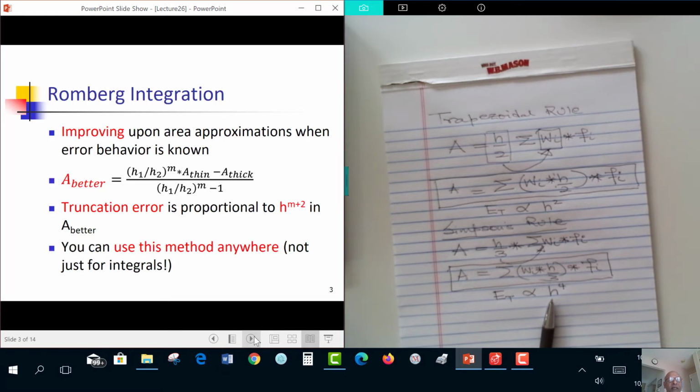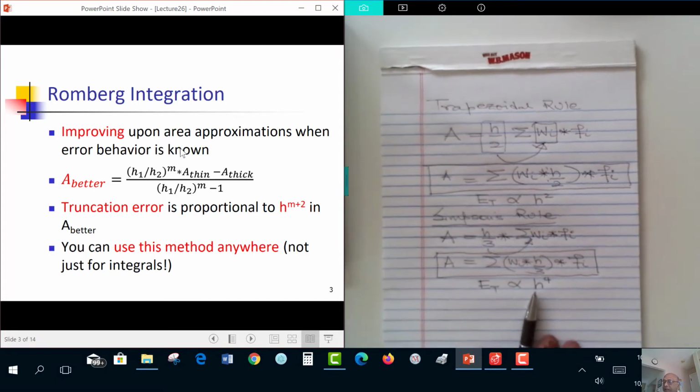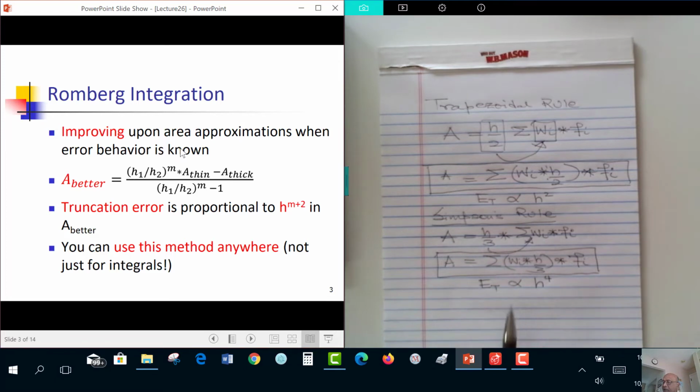Of course, then we went on to look at Romberg integration, and we said we can improve upon the area approximation if we know the error behavior. So let's say for any of the area estimations, we know the error behavior, this power m. Then we can use two different strip sizes to evaluate the integral.